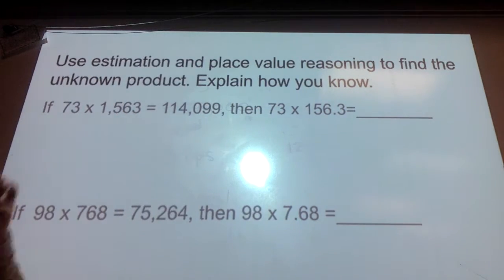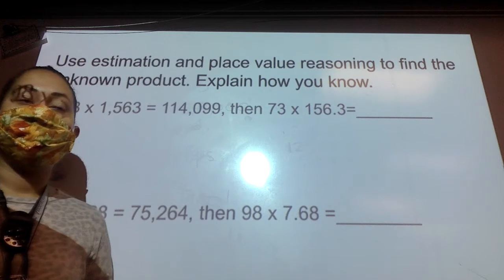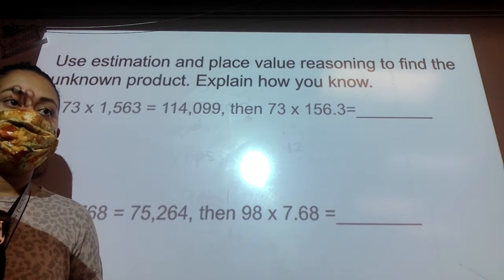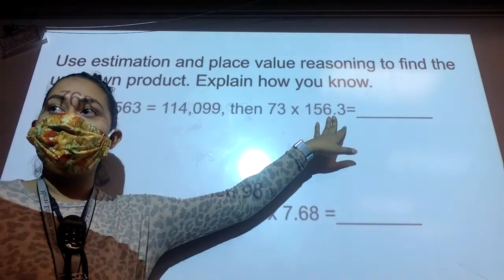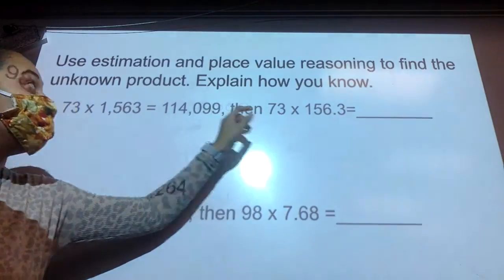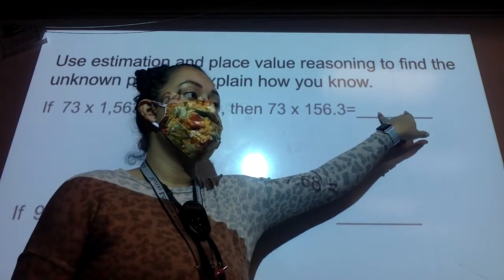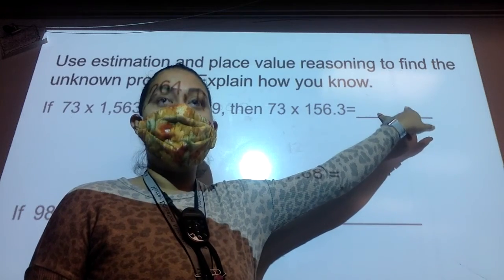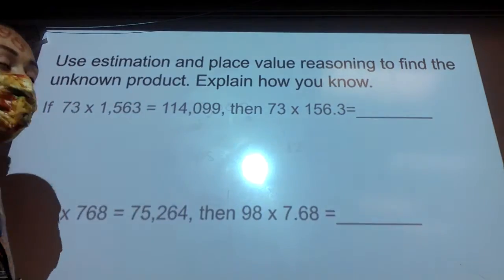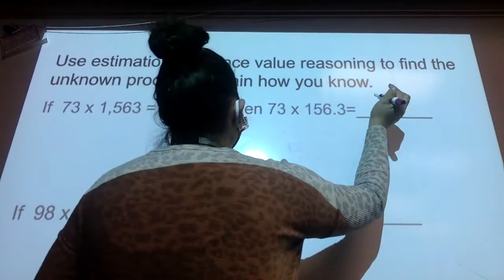They have all the same digits, but one has a decimal. It has a tenths place. So the only thing that's going to be different with your answers is going to be what place value? The tenths. Okay? So copy these digits down over here.